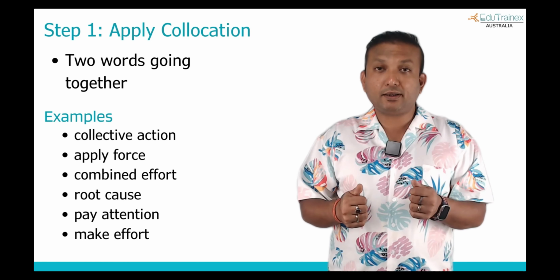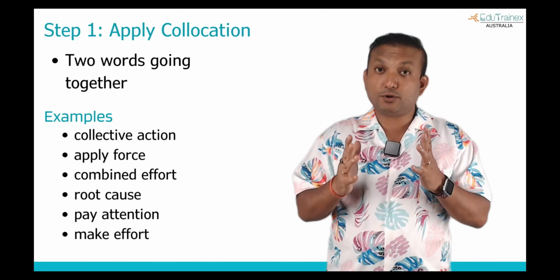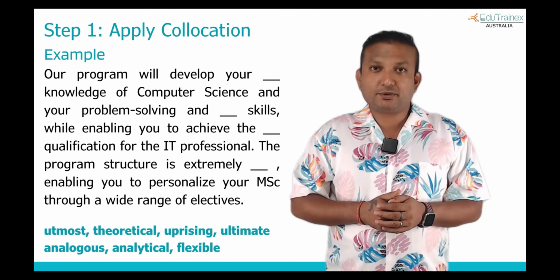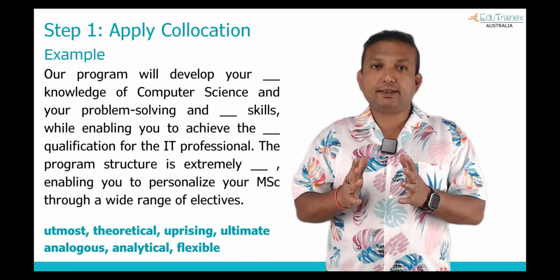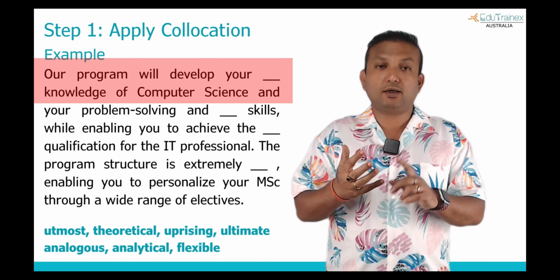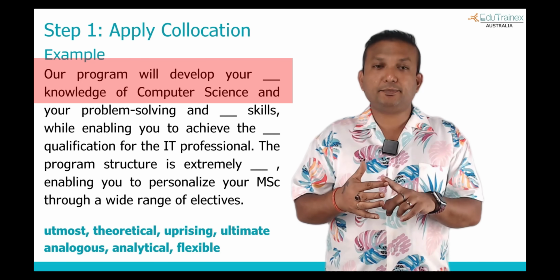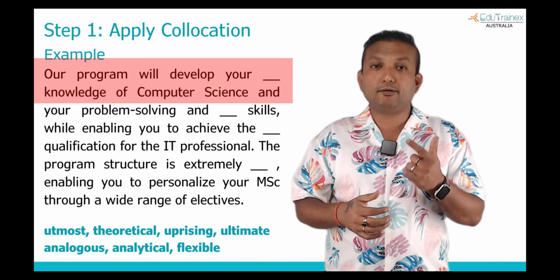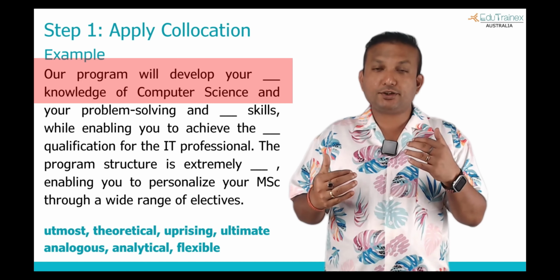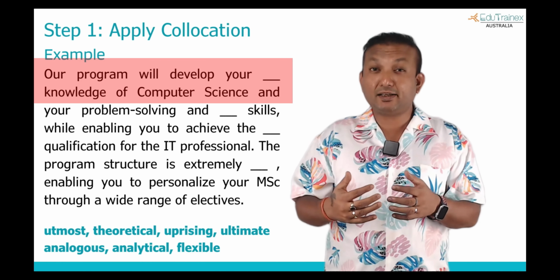Let's do an example, and then you will see that if I know the collocation, I can do the example straight away. The example is on the screen now. Our program will develop your dash knowledge of computer science. Now see the options: utmost, theoretical, uprising, ultimate, analogous, analytical, flexible. Which knowledge? Theoretical knowledge, analogous knowledge, analytical knowledge.